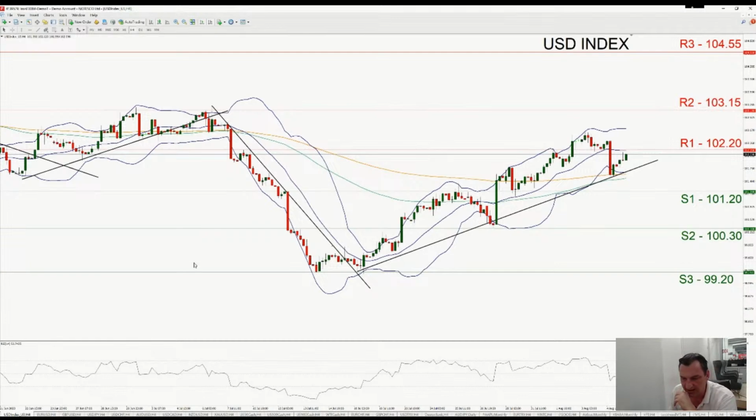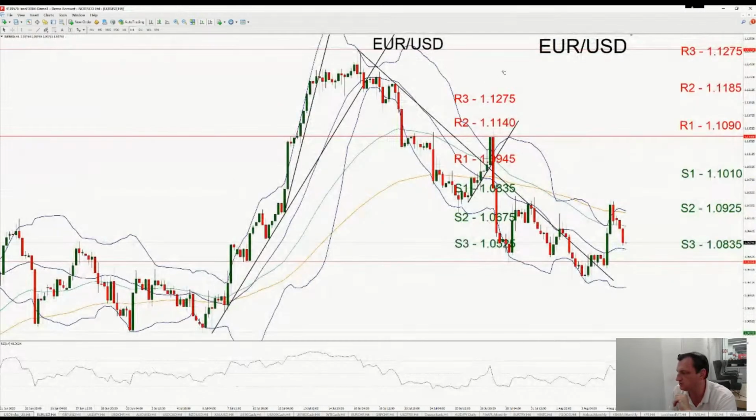Okay, let's have a look at Euro USD. Let's clear this chart.